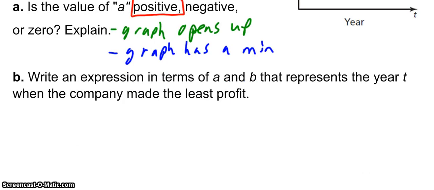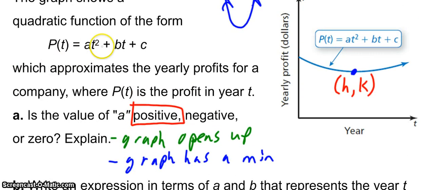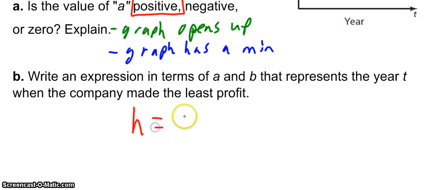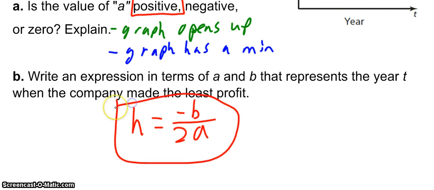So how do I find h? What's our relationship between h, a, and b? Well, we know that h is the opposite of b over 2a.